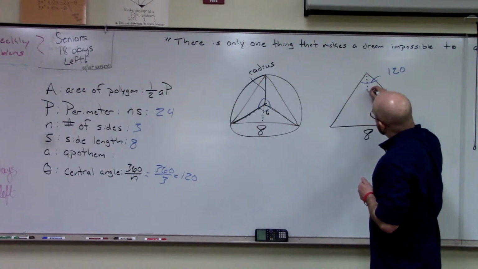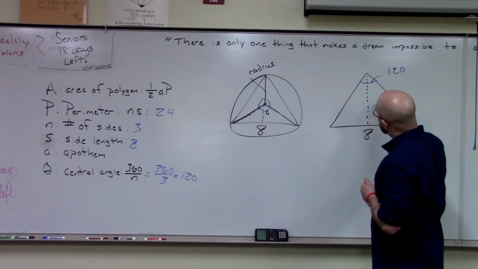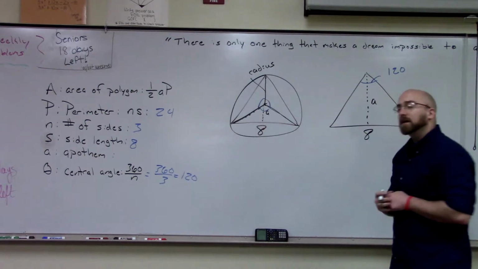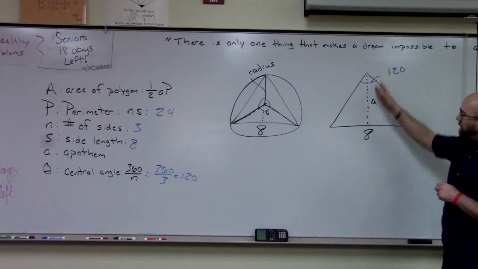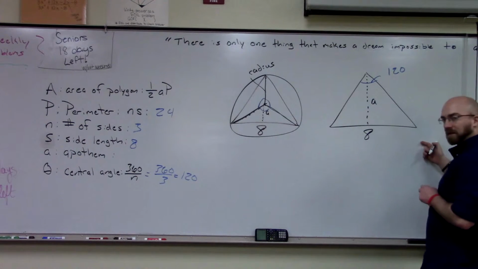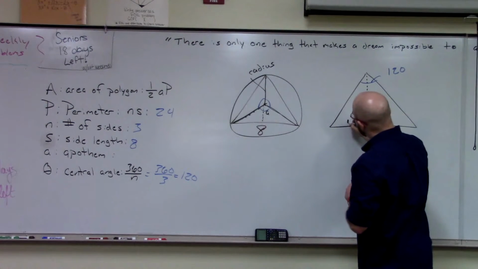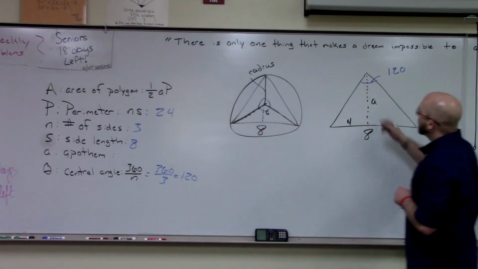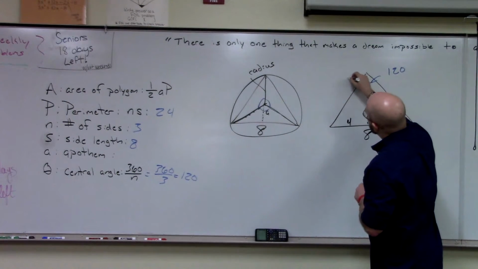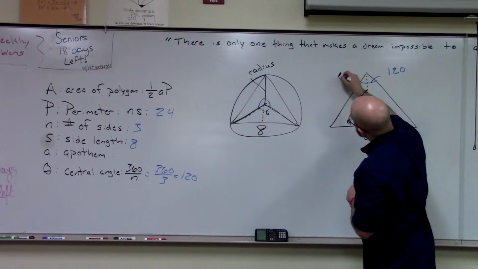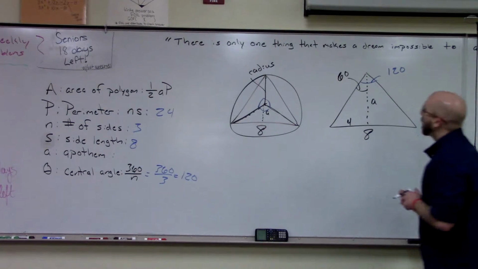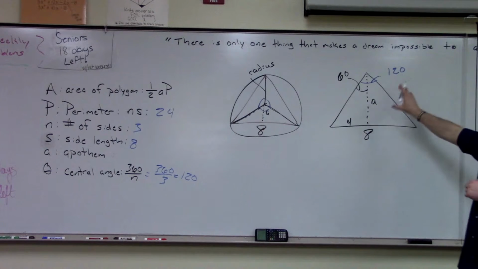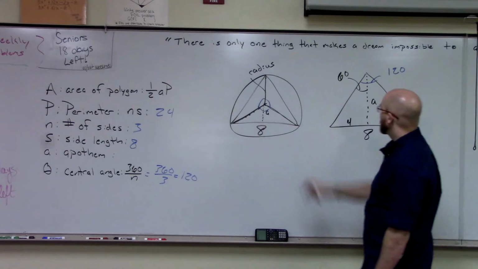Cut that triangle in half, because remember, this dotted line, that's our little a. Now if we cut this in half, that means we cut our side length in half. That means our base now is 4, and that means this angle is 60. So we cut everything in half for this triangle.